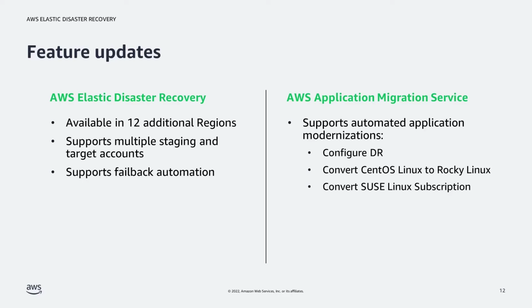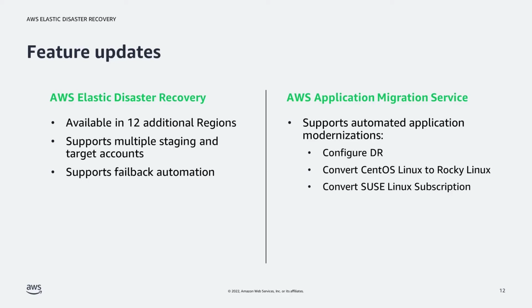There is also support for automated failback. If you're going back to a VMware environment, we do have the ability to perform an automated failback, leveraging our mass failback appliance to perform the failback.